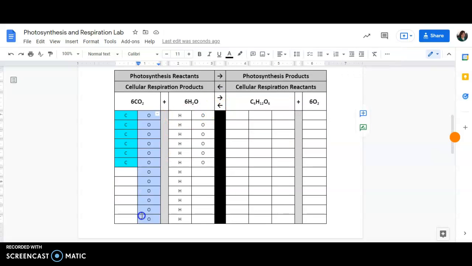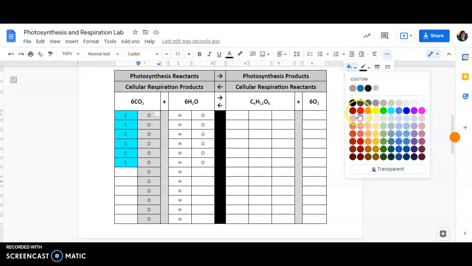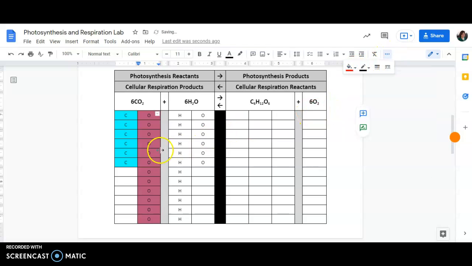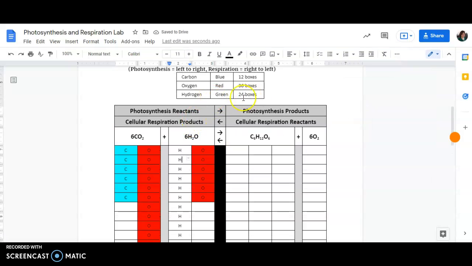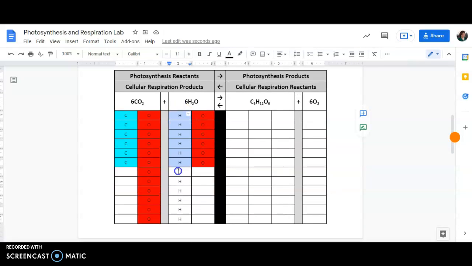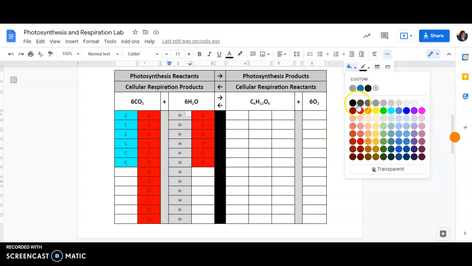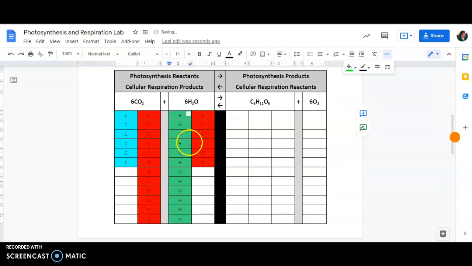So I'm going to make my oxygen red, and I've got more red over here. My hydrogen should be green. I should wind up with 24 of those boxes. There's my green. Alright, so far so good.